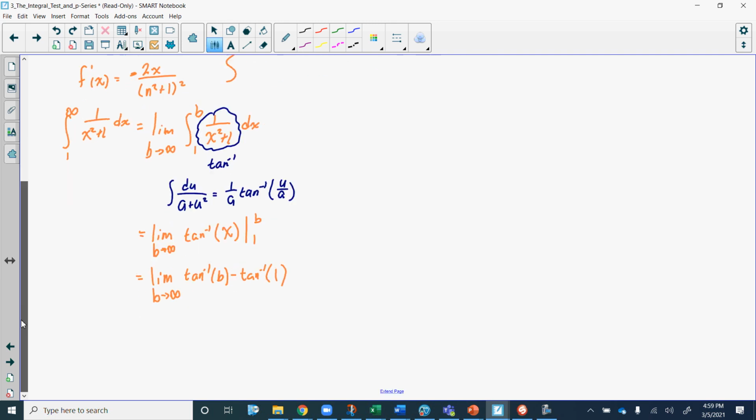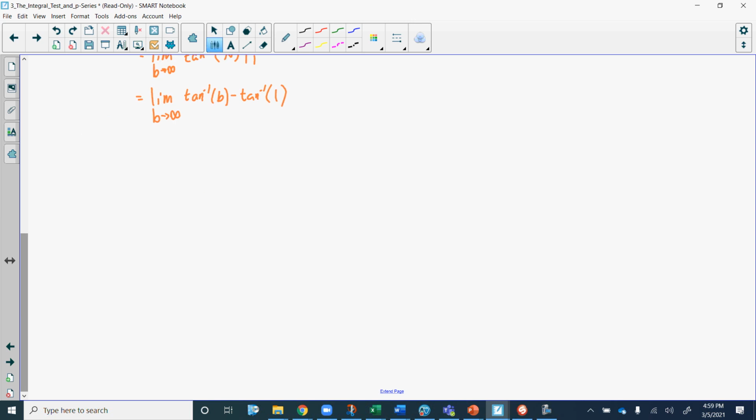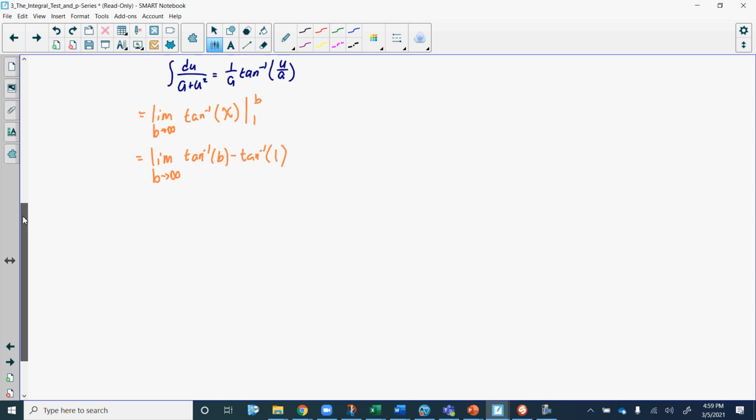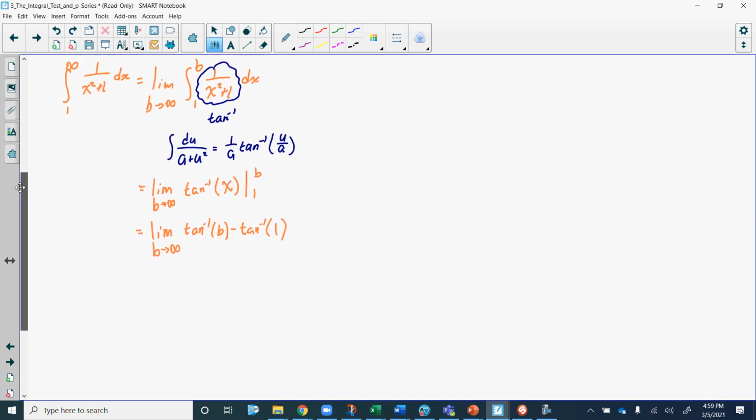And here we do need to remember a little bit about the inverse tangent values off of our unit circle. As b goes towards infinity, we're going to get pi over 2 minus pi over 4 at 1.